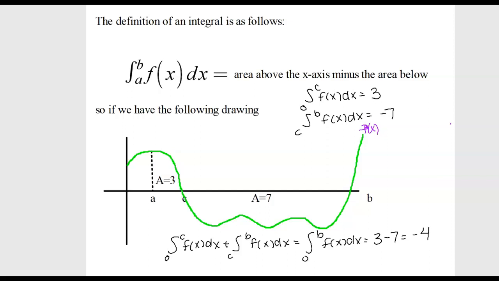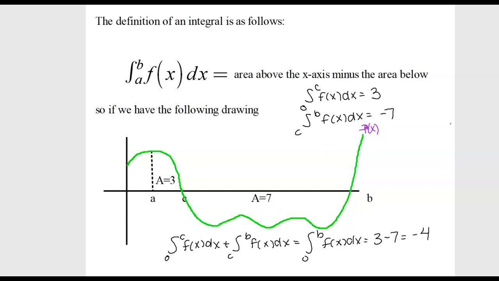So the definition of an integrable function is as follows. You can find the area under the curve for the integral from a to b of f of x dx. That area is equal to the area above the x-axis minus the areas below.